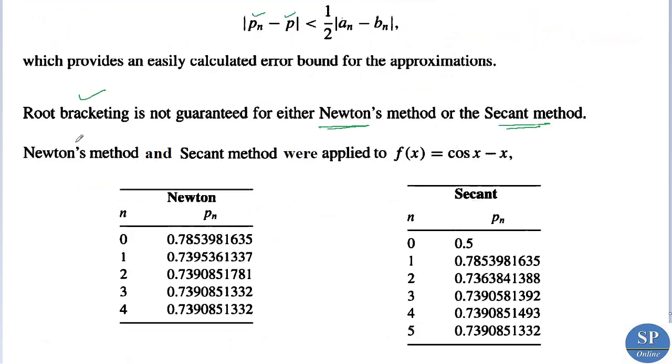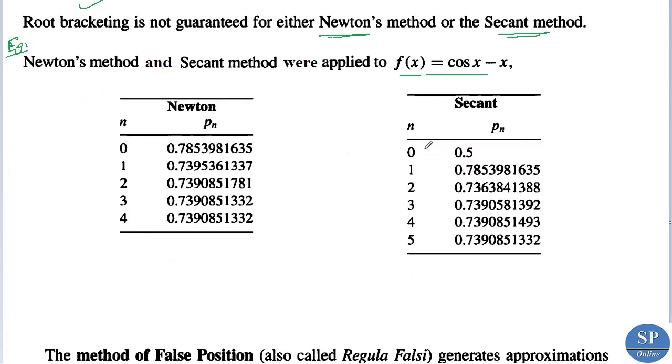For example, in the previous lectures, we applied Newton's method and secant method for the equation f of x is equal to cos x minus x. So there we obtained the approximations as this. This is for Newton's method and this is for secant method.